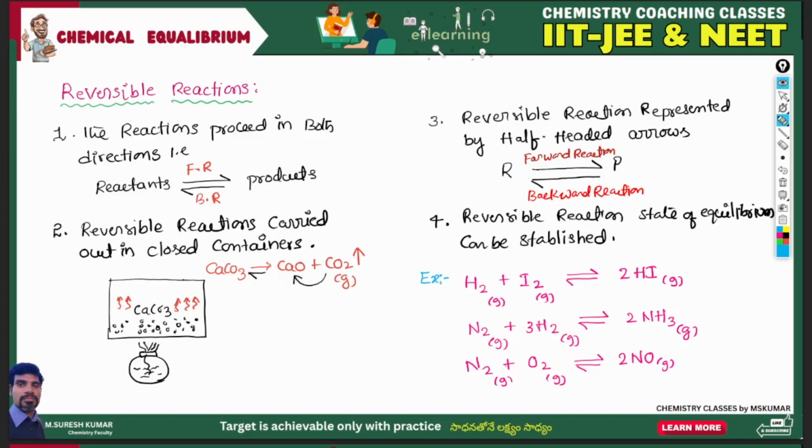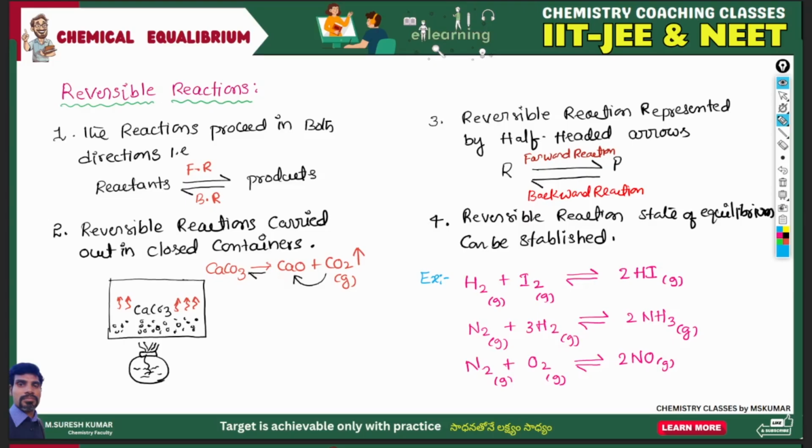Once again I repeat the characteristics of reversible reactions. First one, reversible reactions are carried out in both directions. Second point, reversible reactions are carried out only in a closed vessel. Next, third point, reversible reactions are represented by half-headed arrows.